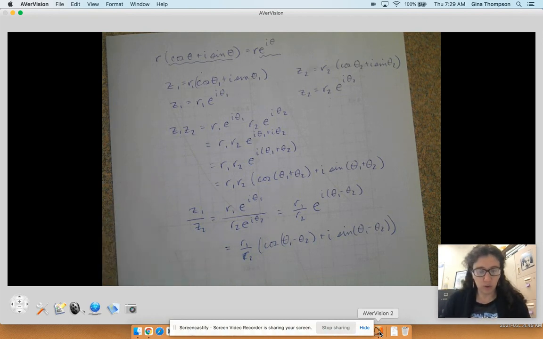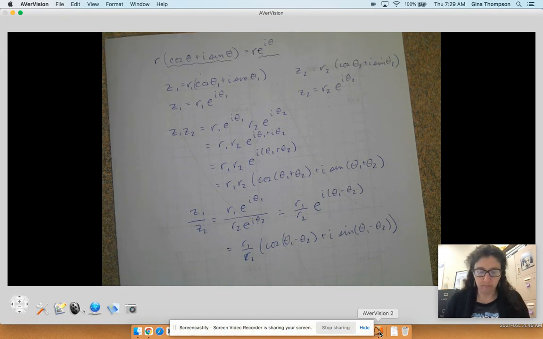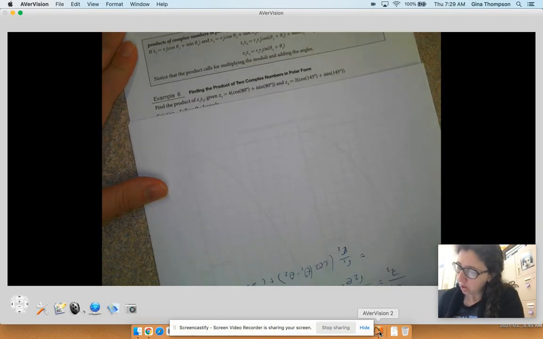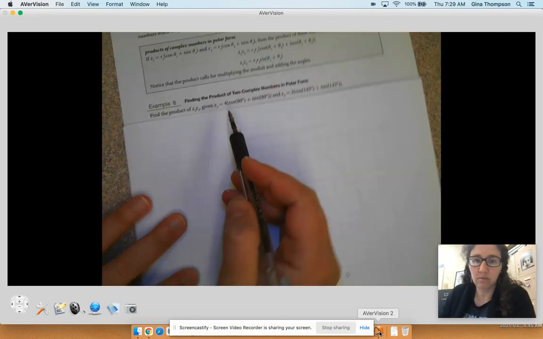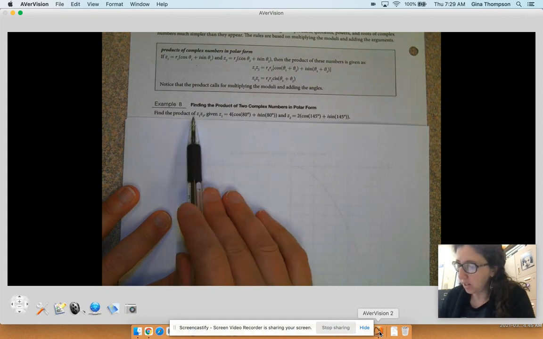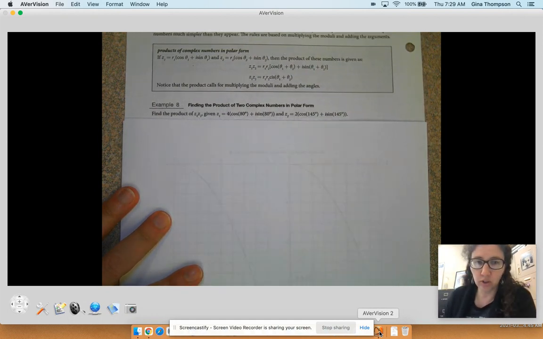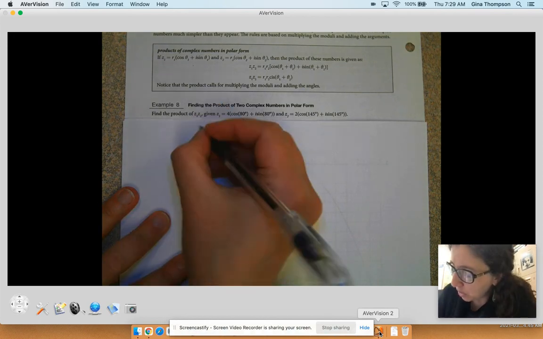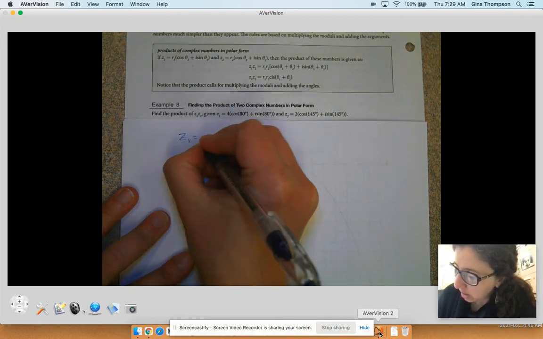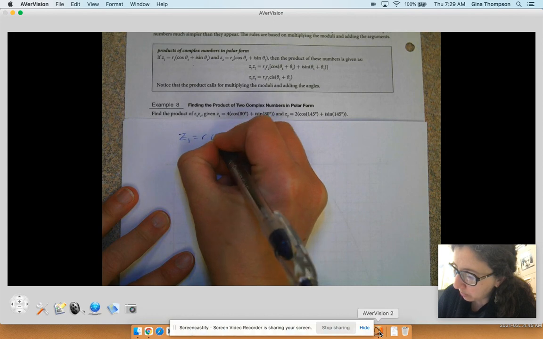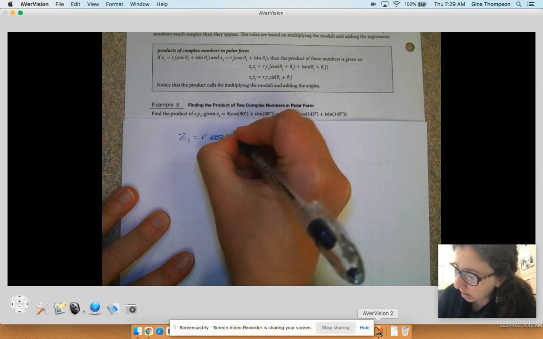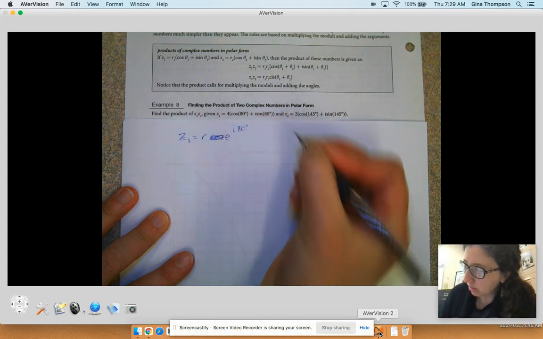What if, so let's do some examples here. Find the product of z1 times z2, and they give us these two complex numbers. So I'm going to write z1 in Euler's form, e to the i times 80 degrees.